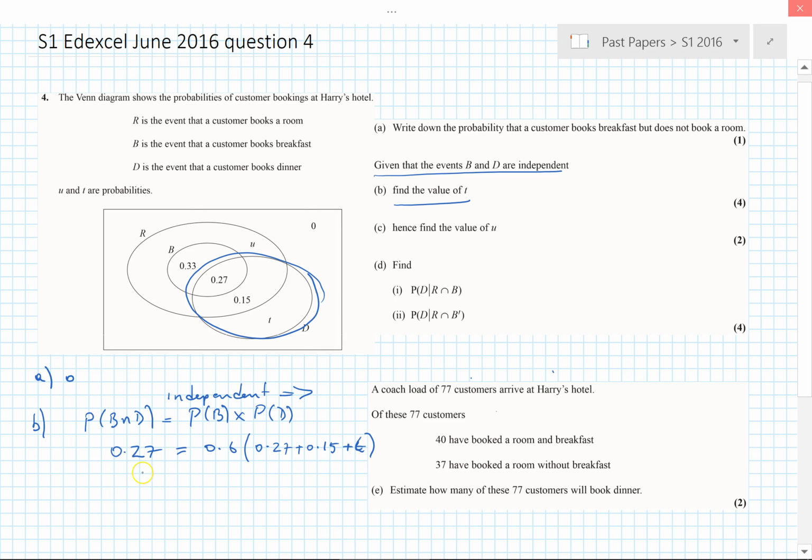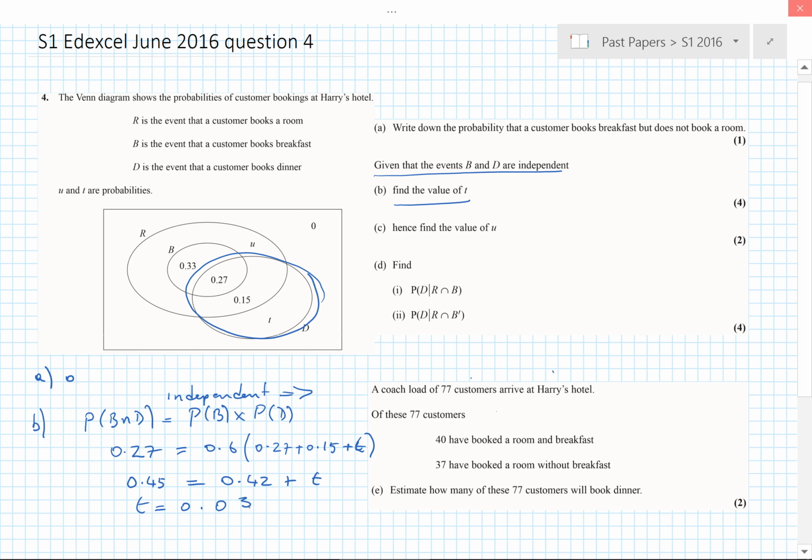Let's divide by 0.6, so 0.27 divided by 0.6 comes to 0.45, equal to these two added together, which is 0.42 plus T. So T is equal to 0.03.